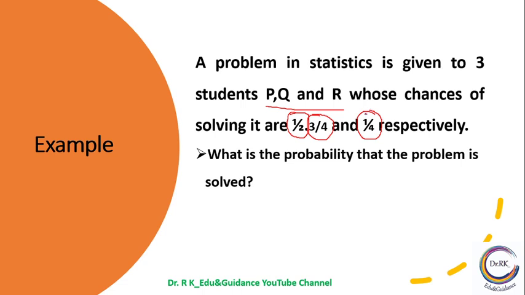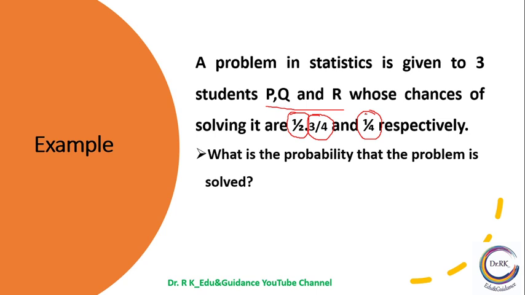So the problem is given to three students with the probabilities that they can solve it. One assumption is that the solving of the problem by P, Q, R are all independent events.